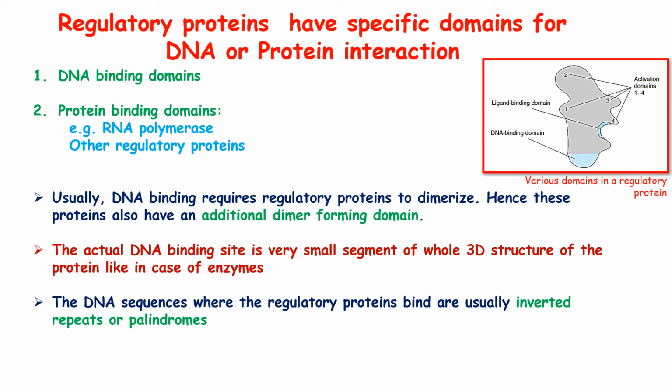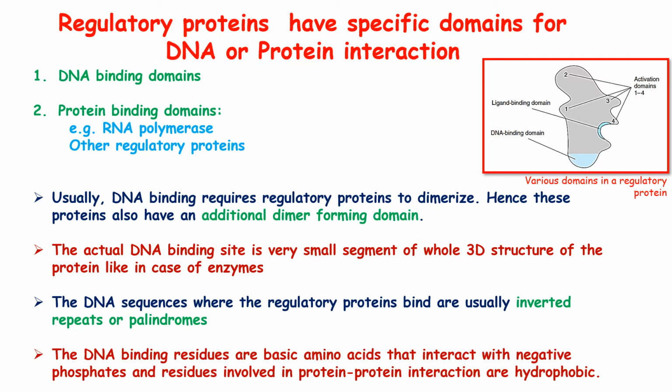The sequences in DNA to which the DNA binding domains bind are specific, so it ensures that only certain regulatory proteins bind to only certain regions in the DNA. These sequences are generally inverted repeats. You also know them as palindromes.